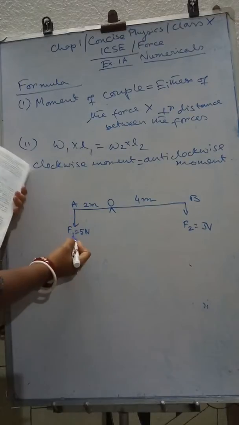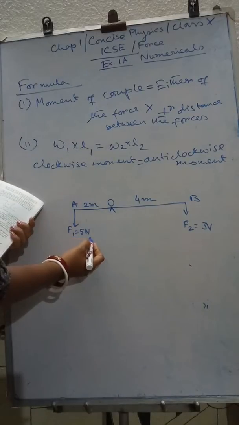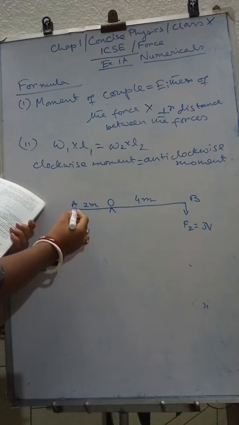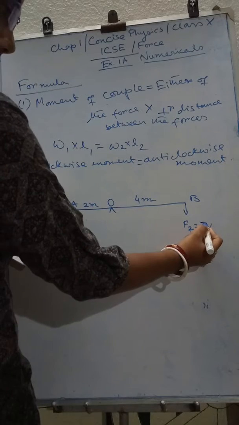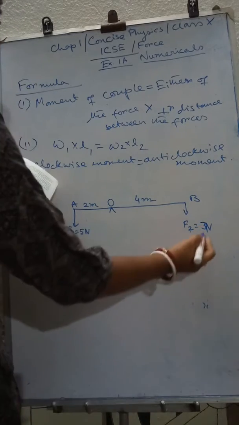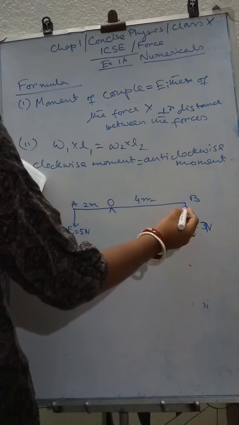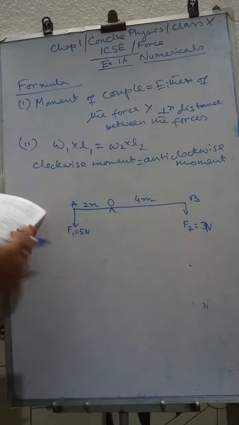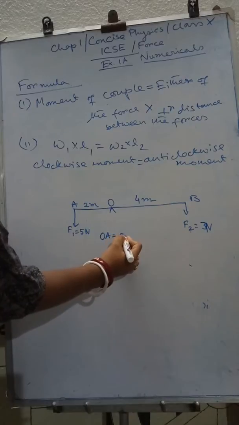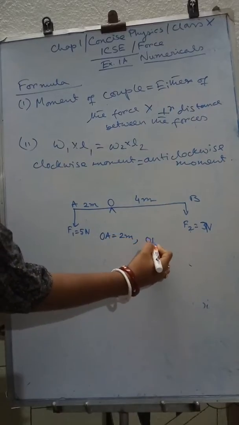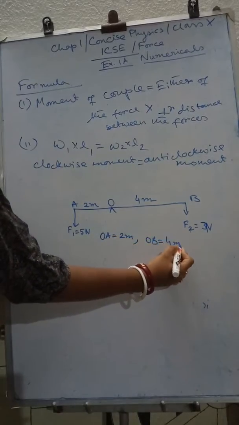A force F1 of 5 Newton is acting at point A and another force F2 of 3 Newton is acting at the point B, and OA is 2 meter and OB equals 4 meter.